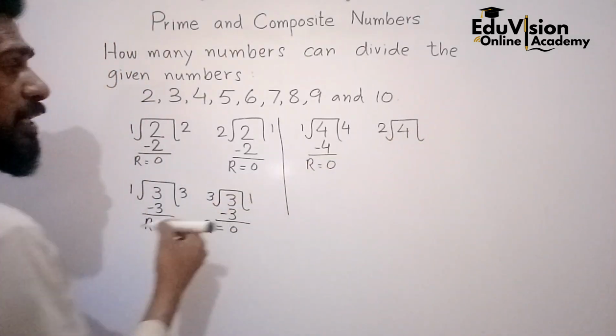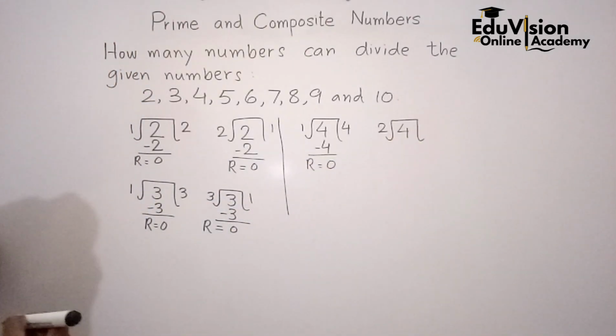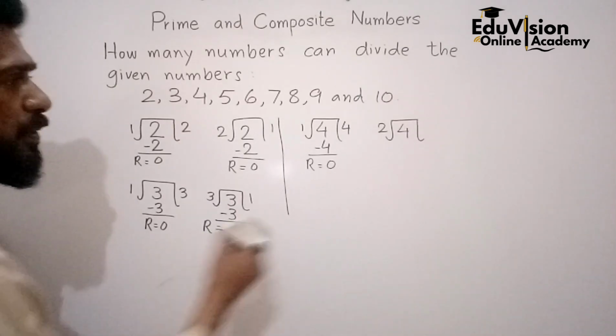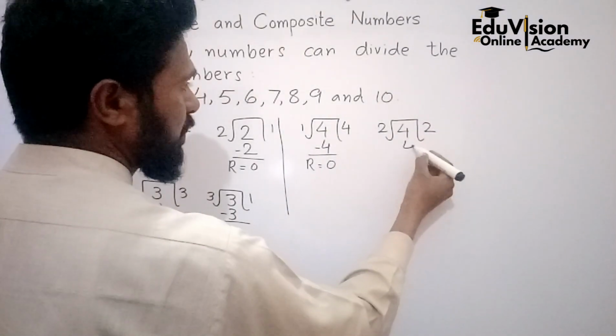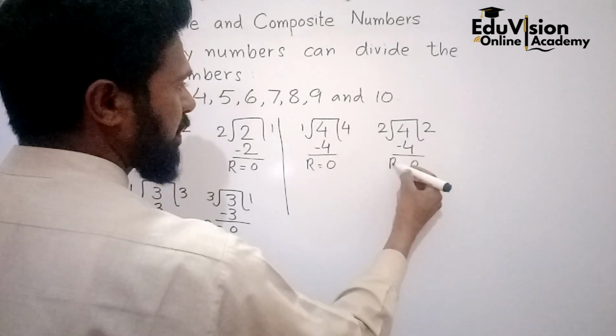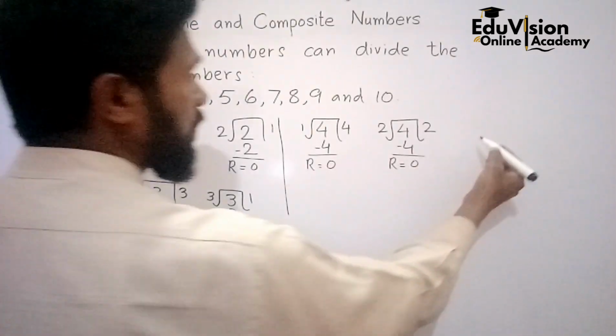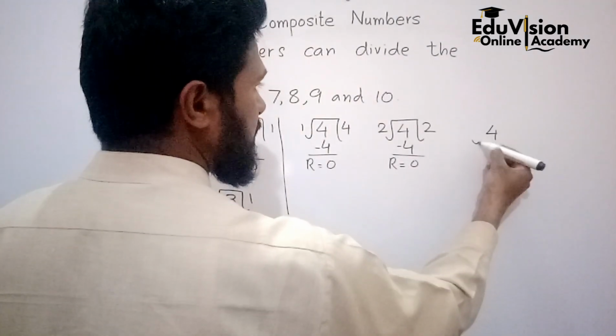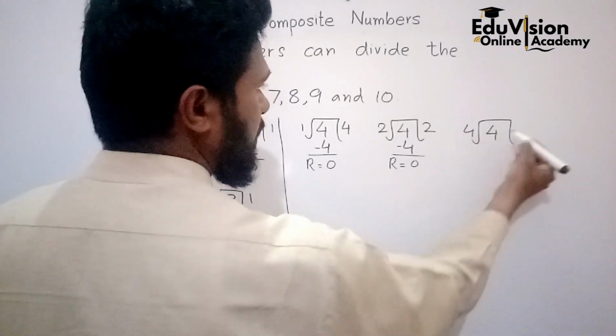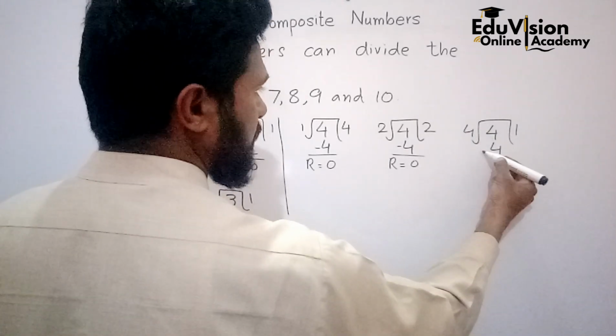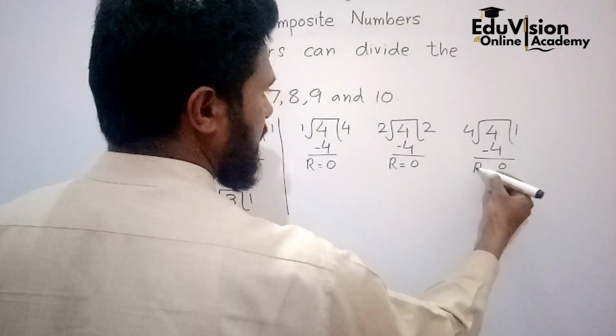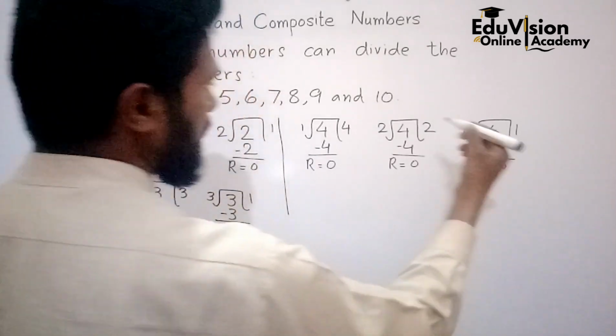We have learned earlier divisibility rules and we know that 4 is divisible by 2. 2 2s are 4. 4 minus 4 is 0. Again, remainder is equal to 0. Also, we can see that 4 is divisible by 4 itself. 4 1s are 4. 4 minus 4 is 0. Again, remainder is equal to 0.